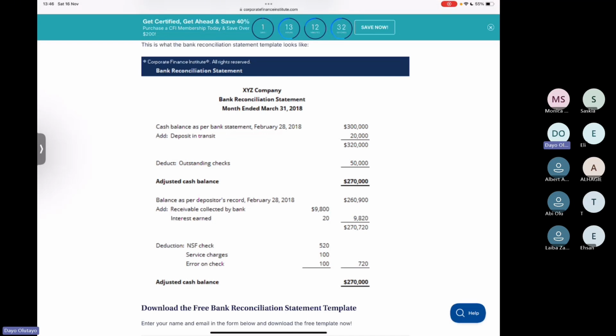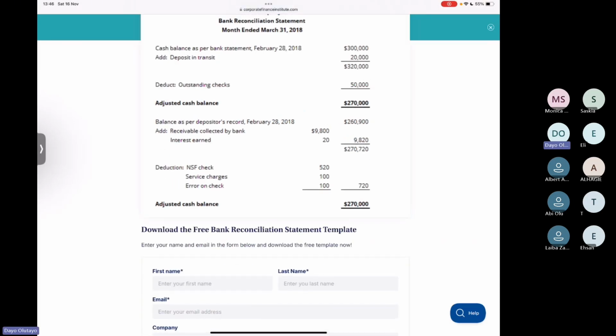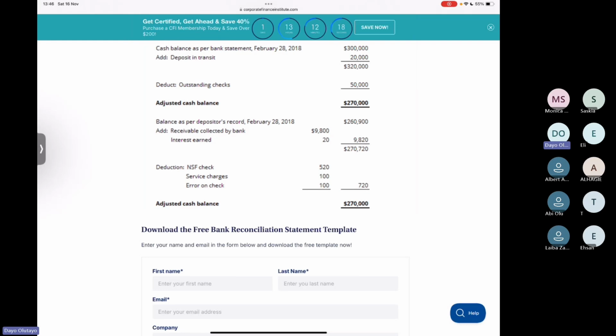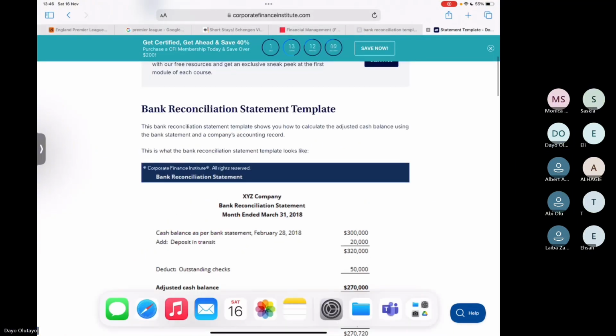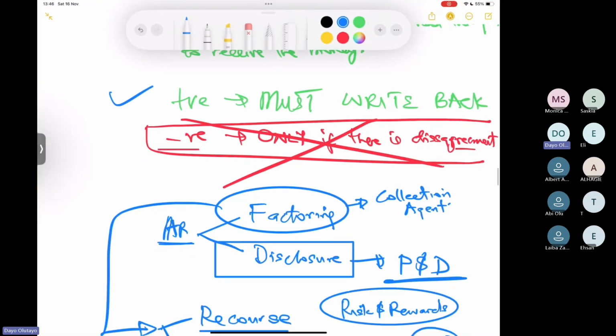This is a statement, this is a report. But have they transferred the figure on the bank statement correctly to this? That's what we want to check. And likewise, this 270, which is the adjusted cash balance, that is the figure that should be in the GL. Is it truly the figure in the GL? That is what the activity I'm talking about is all about.